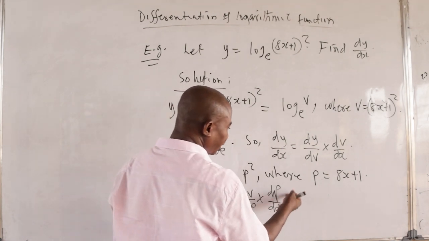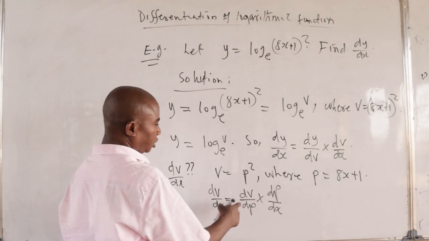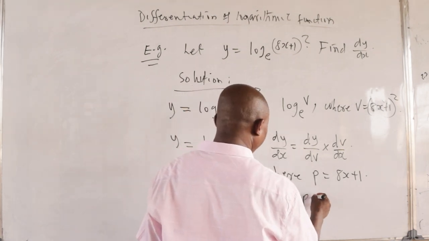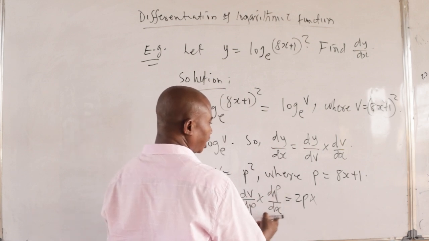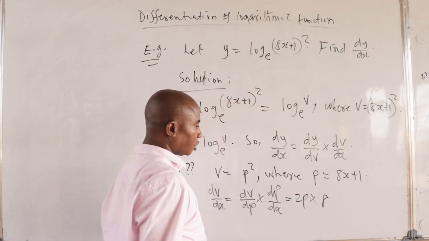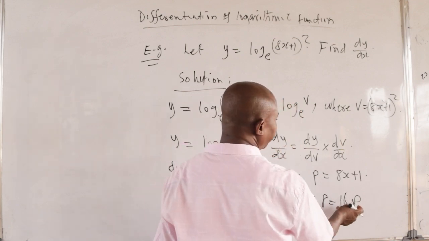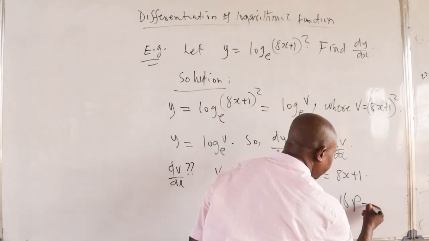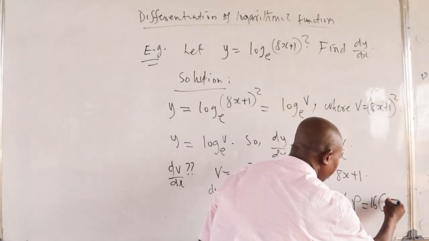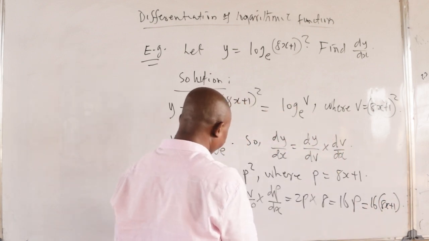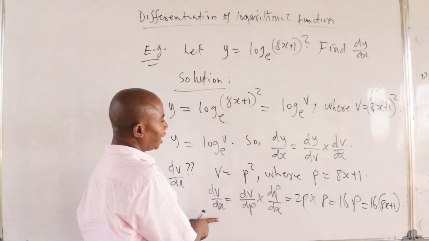So we just apply all of them. We differentiate v with respect to p, we get 2p. Multiply by the derivative of p with respect to x, we get 8. So at the end of the day, this gives me 16p. Who is p? It is 8x plus 1. That is 16 into (8x plus 1). That is the derivative of v with respect to x.